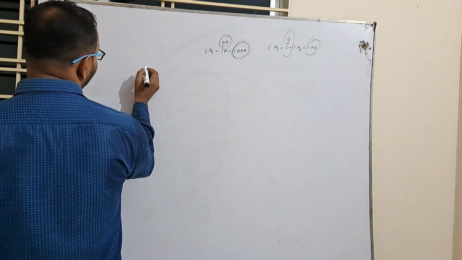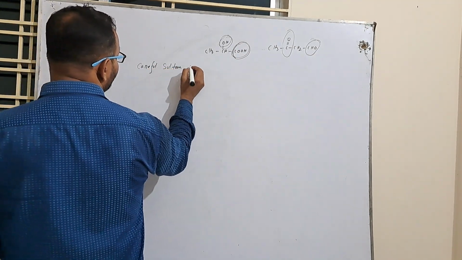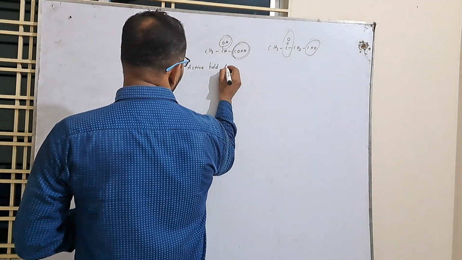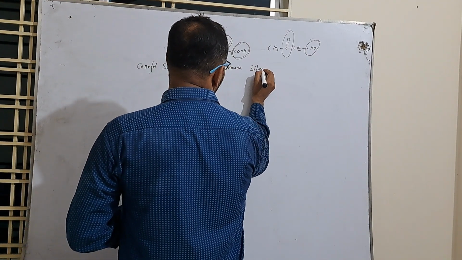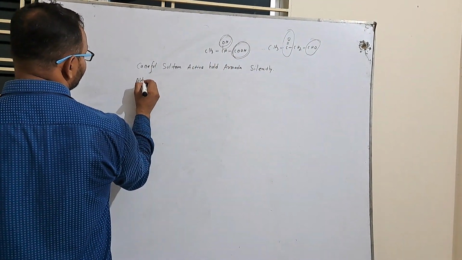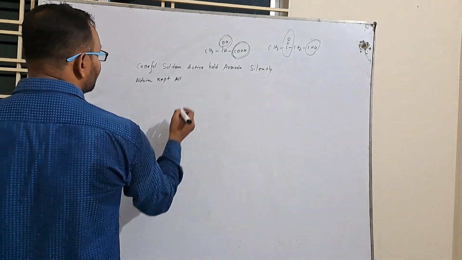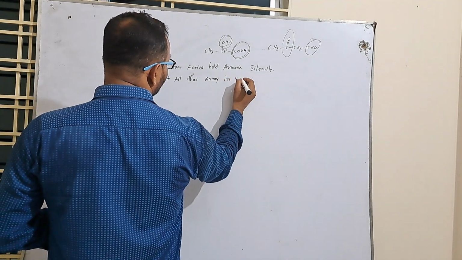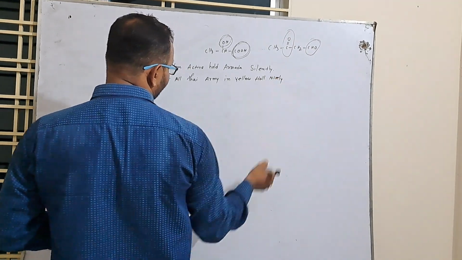The mnemonic is: Careful, Sultan, actively hold, Armada, silently, and Aldrin kept all Thai army in Yellow Hall nicely.